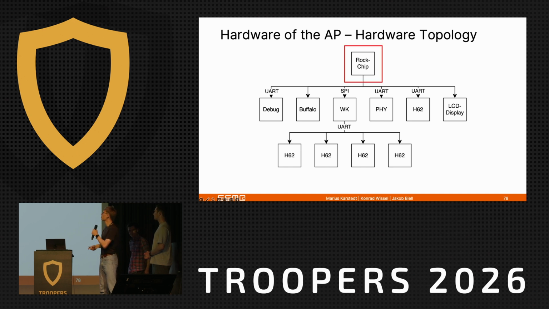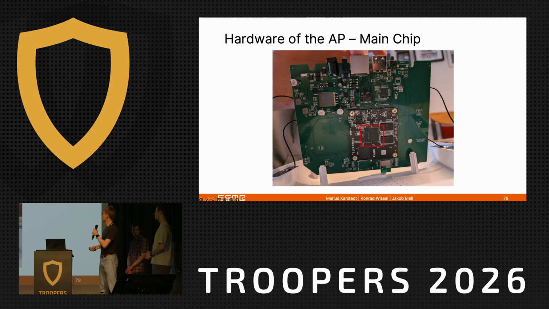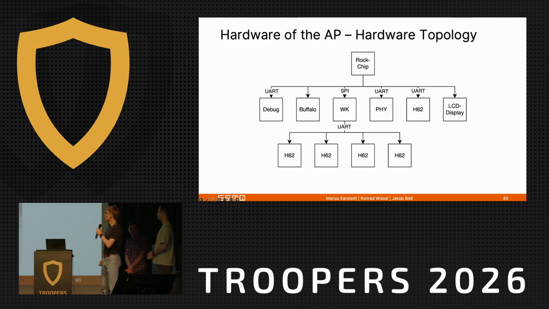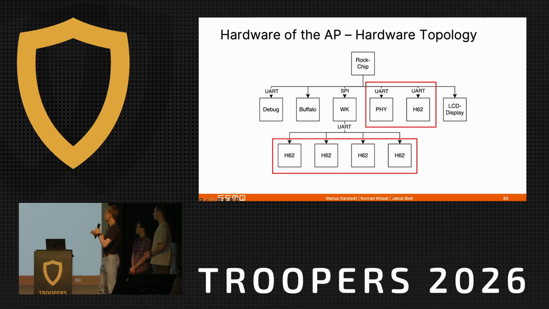There's this main chip, the Rockchip, that's located here. This is the chip where we had the root shell on. Then we found some similar chips, a couple of them. Those were the chips for the antennas, and they were accessed by a multiplexer, 4 of them.